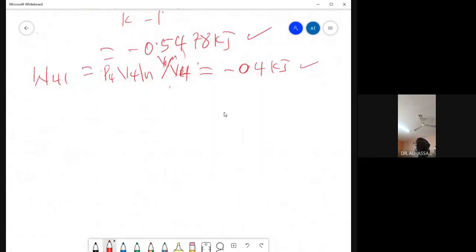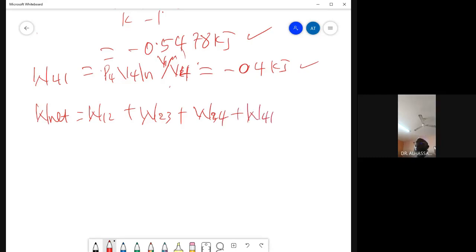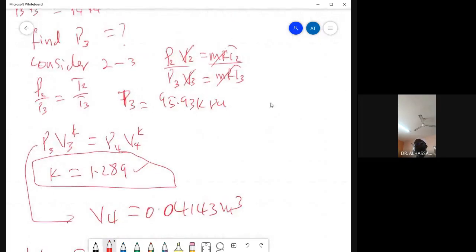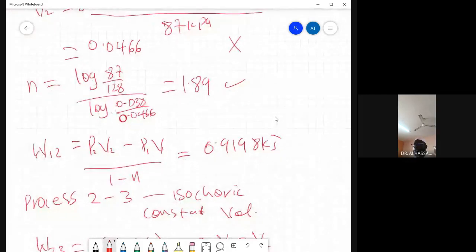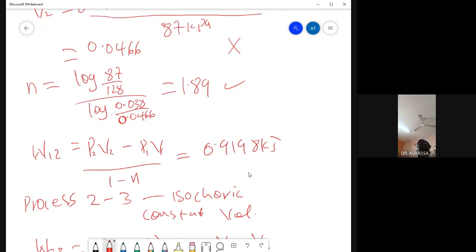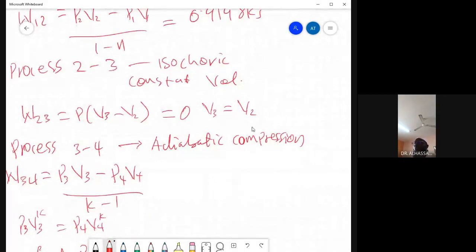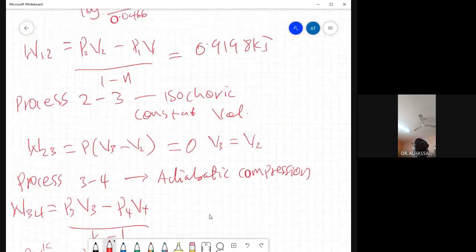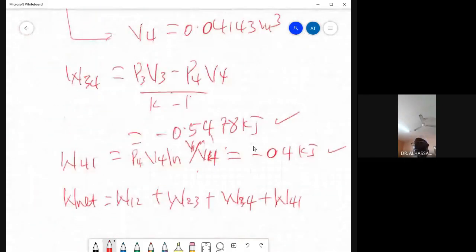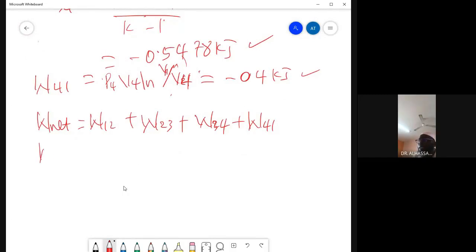So the net work, W net equals W12 plus W23 plus W34 plus W41. W12 we have already done, 0.9198. W23 is 0, since this is the constant volume process.